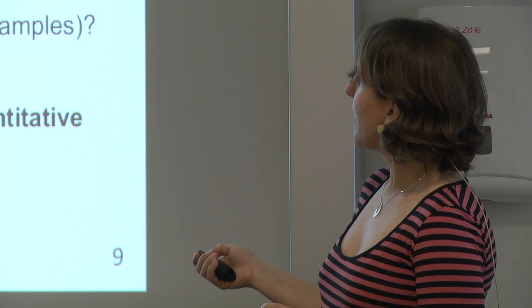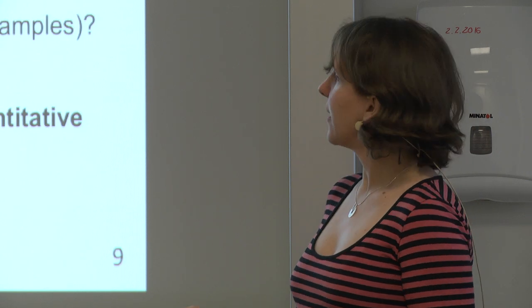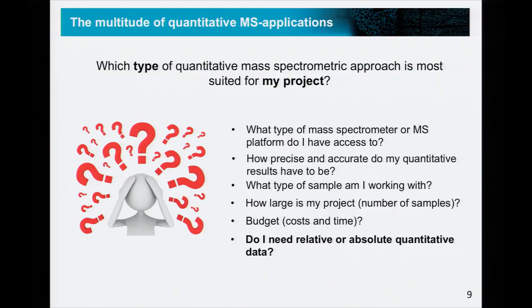Also, the type of sample you're working with is important. Is it tissue, or is it blood, or is it cell cultures? It's more or less easy. Certain labeling approaches can only be done with certain sample types. How large is your project? Do you just want to compare 2 samples extensively or 100 samples? What's your budget, how much time can you invest in sample prep and in measurements, and finally, what's the type of quantitative readout that you need?